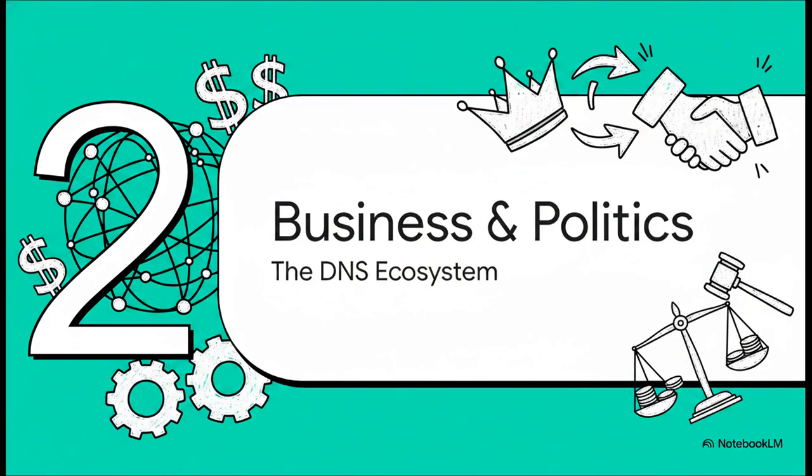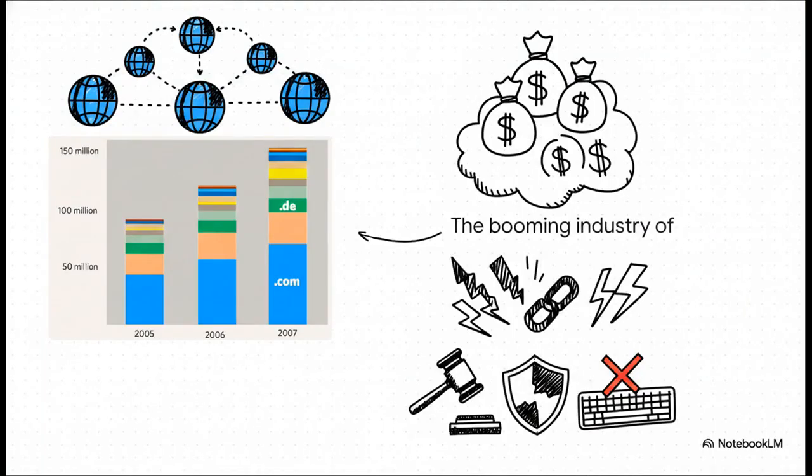All right, moving right along to Section 2, DNS business and politics. So we have this massive technical marvel, but you can't wire up the entire world without running into some human nature, right? Let's look at how the DNS functions as both a billion-dollar business and a heated political battleground. Ever since the commercialization of the DNS kicked into high gear around 1996, this massive new industry called domaining was born.